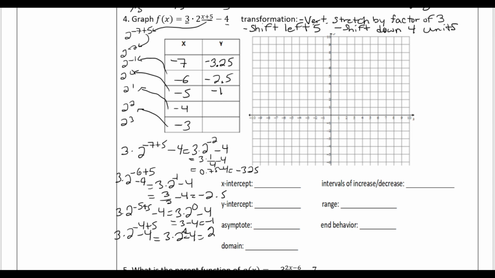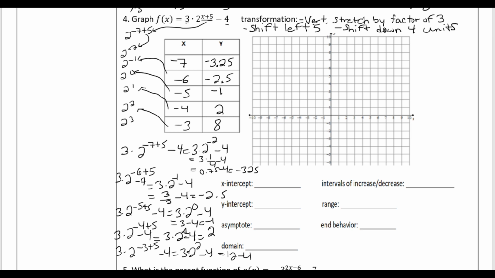So change that to a 2. And lastly, we got 3 times 2 to the negative 3 plus 5 minus 4. So we got 3 times 2 to the second minus 4. 2 squared is 4, 3 times 4 is 12, and 12 minus 4 is 8. So put the 8 there.